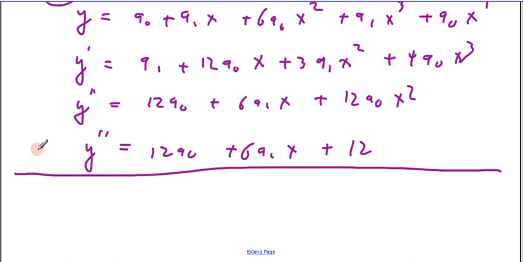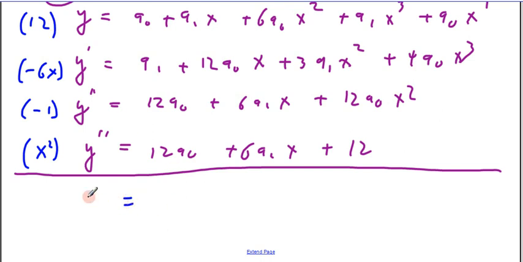Okay, so I want x squared of the double prime guy. I want a minus 1 of the double prime guy, a minus 6x of the prime guy, and a 12 of the original formula. And when I get done, I better have 0. And if I don't have 0, I'm going to be very sad. So here's 12a0, there's 12a0, I have a 0. Here's 12a1x minus 6a1x minus another 6a1x.